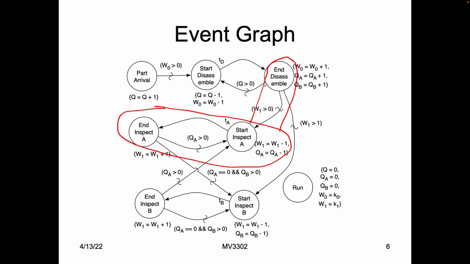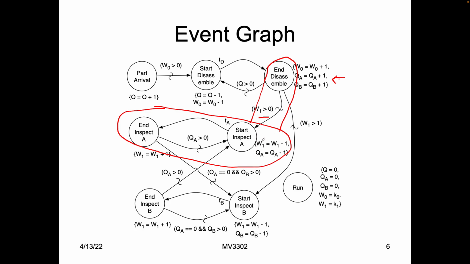This is the piece that's modeling inspecting a part of type A. So we have one more in the queue of part A. And what this says is that if a worker is available, then we'll start inspecting A, which is like our start service.